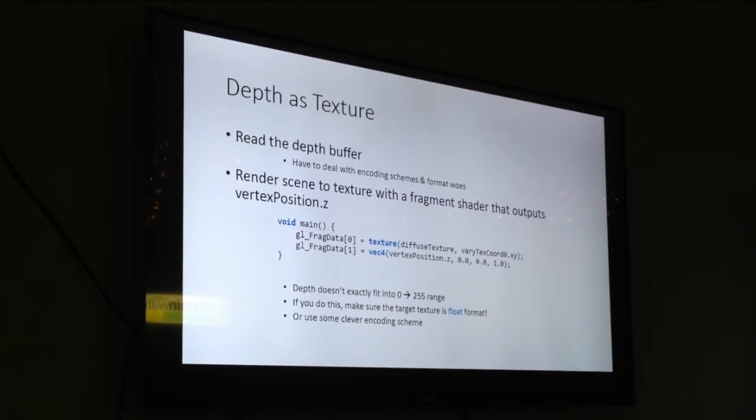I don't like it because I've run into encoding scheme differences and format issues where you ask the driver for a 24-bit depth buffer, and the driver goes, okay, here's a 24-bit depth buffer, all done. And then when you actually use it, you're like, this is not a 24-bit depth buffer. I've run into problems with that with certain drivers. And also encoding schemes. The drivers might have weird ways of encoding depth.